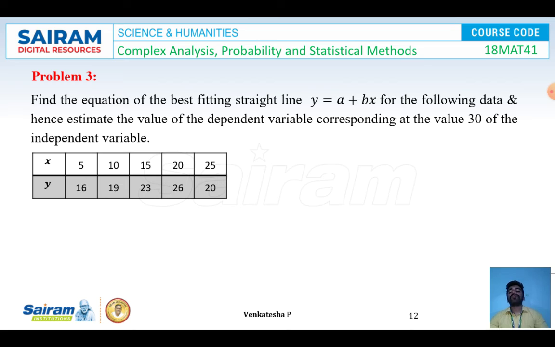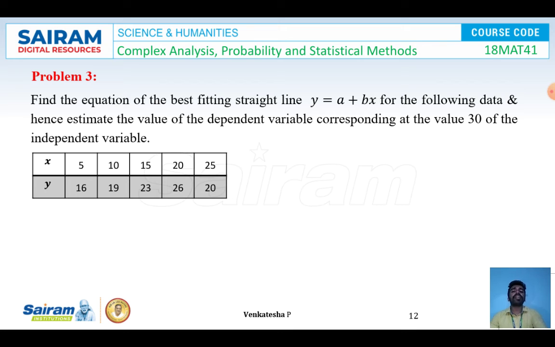Problem number 3. Find the equation of best fitting straight line y is equal to a plus bx for the following data and hence estimate the value of the dependent variable corresponding to the value 30 of the independent variable. The first thing is we have to know which is the independent variable and which is the dependent variable.